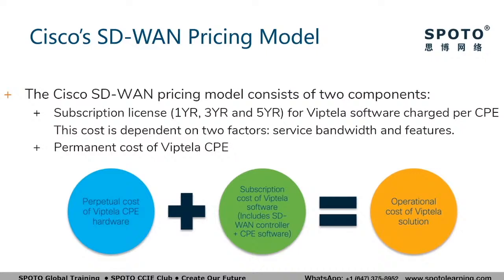The pricing model consists of 2 components. One is the subscription license. The subscription license is for the software, charged per CPE. You can purchase 1 year, 3 year, or 5 year. This cost depends on 2 factors: service bandwidth and features.